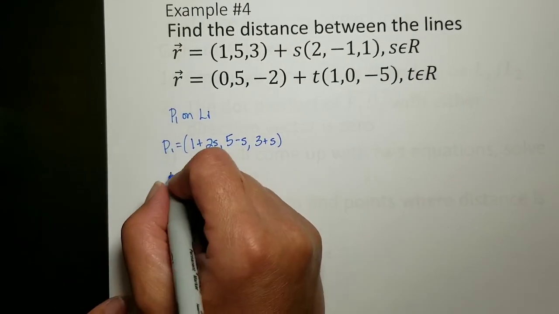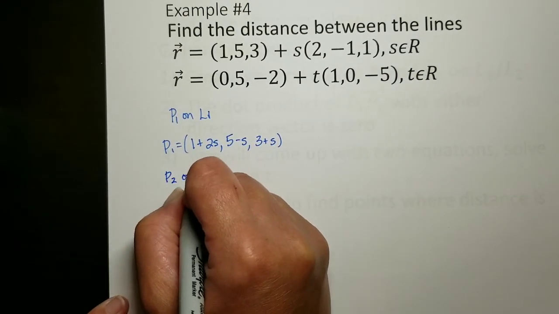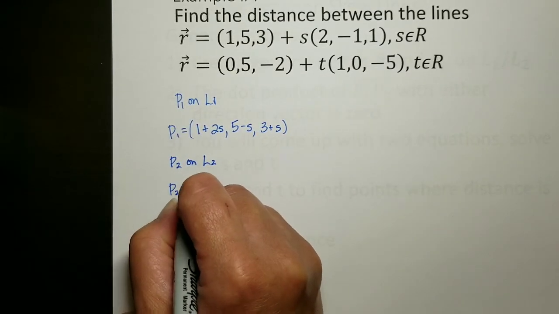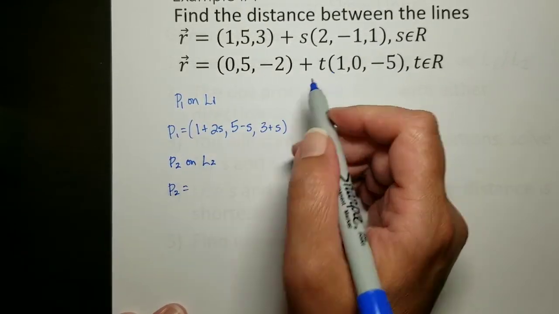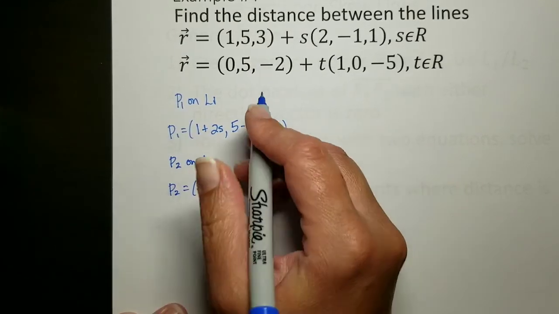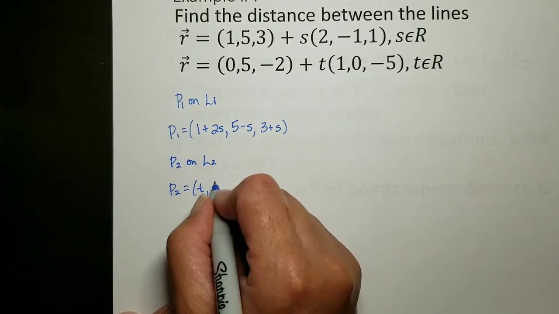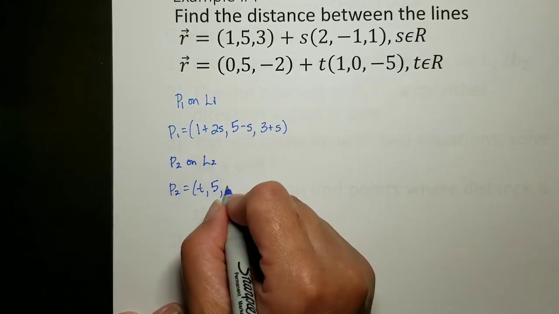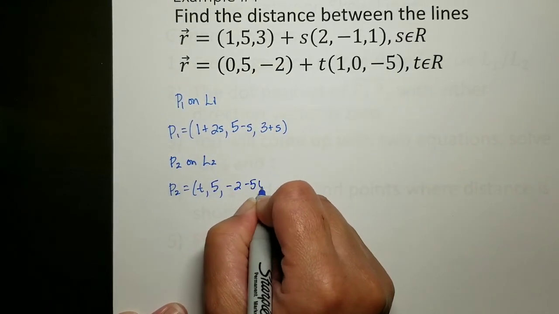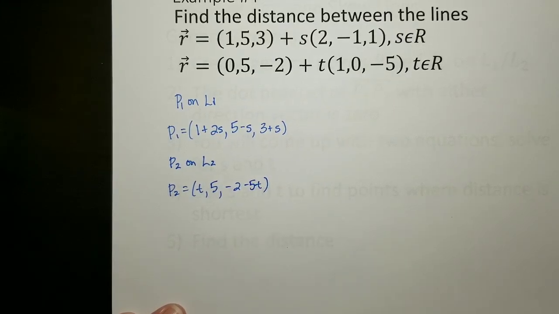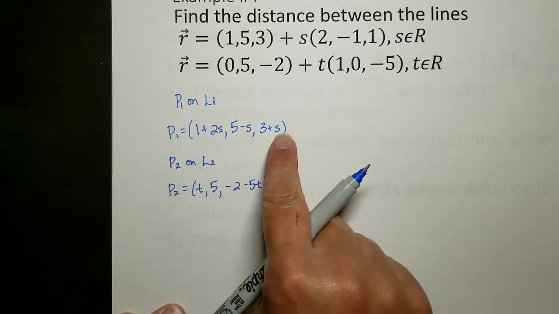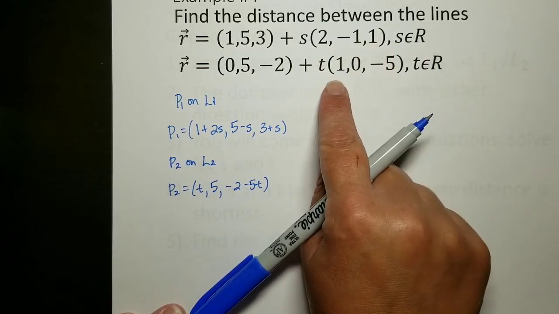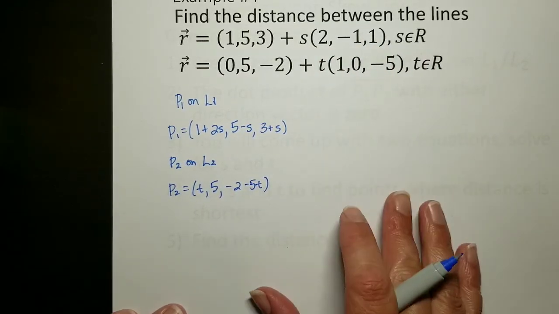And then we're going to have point 2 on line 2. That point will be 0 plus t, or just t, 5, oh, no t's there, that's going to make this easier, negative 2 minus 5t. Okay, now we know that the vector between these will be perpendicular to this direction vector and this direction vector.